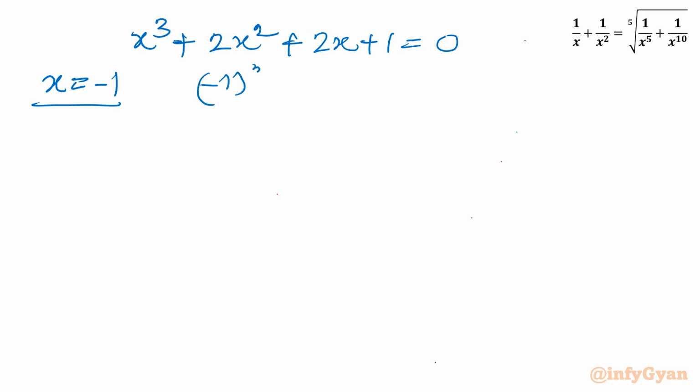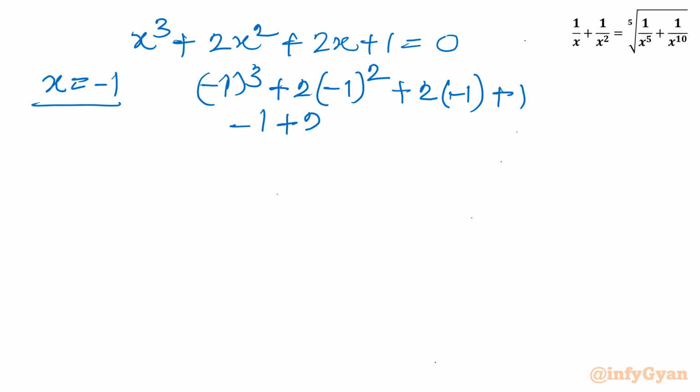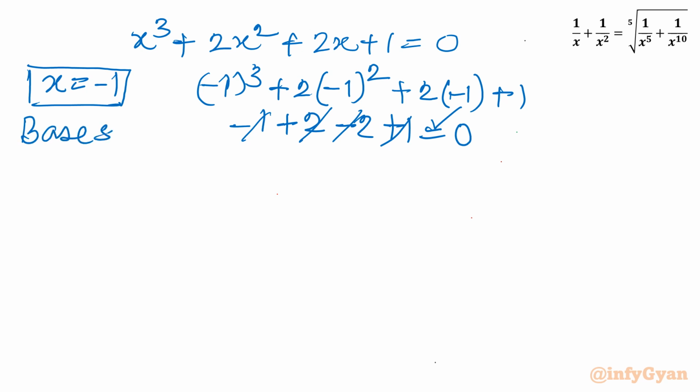(Minus 1) whole cube plus 2 times (minus 1) square plus 2 times minus 1 plus 1. So minus 1 plus 2 minus 2 plus 1. You can see it is satisfying the equation. That means x equal to minus 1 is a base solution for this equation.